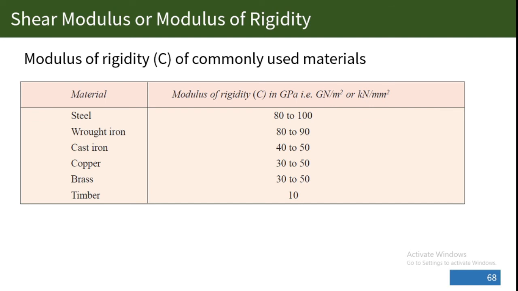So a body with a high modulus of rigidity is better compared to one with a lower value. Thus steel, when applied with shearing load, is more rigid, or given the same force, has lower deformation than timber, which has a lower value of modulus of rigidity.